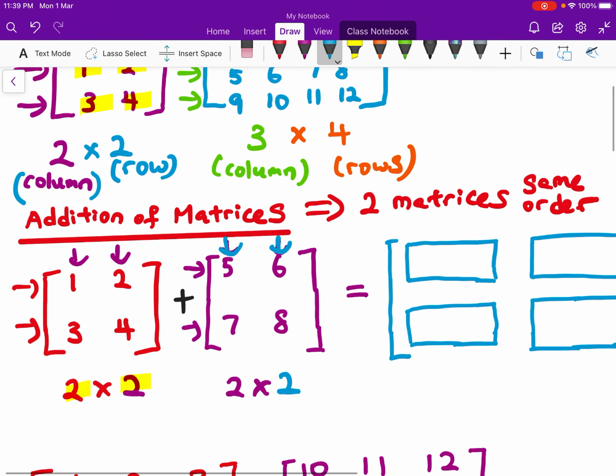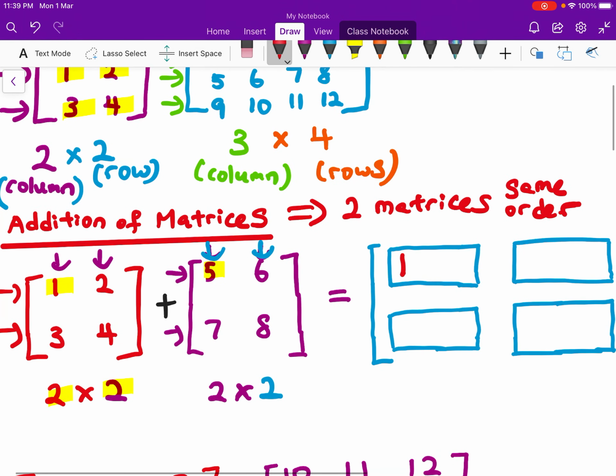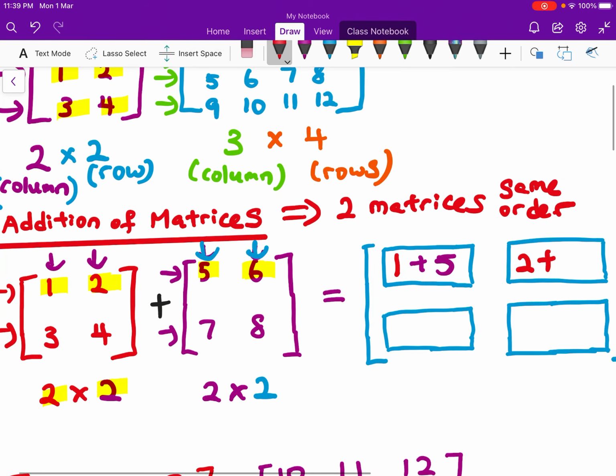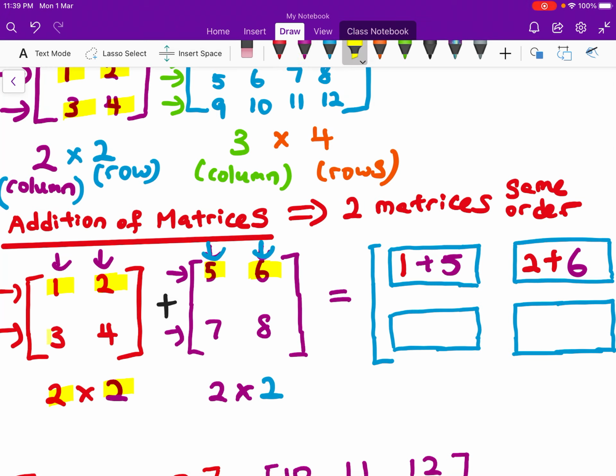For the addition of matrices, we add the first element with the first element of the second matrix. So I just add 1 plus 5. Then there's a 2 here, which we add with the second element of the purple matrix, 2 plus 6. The 3 we add with 7, 3 plus 7.